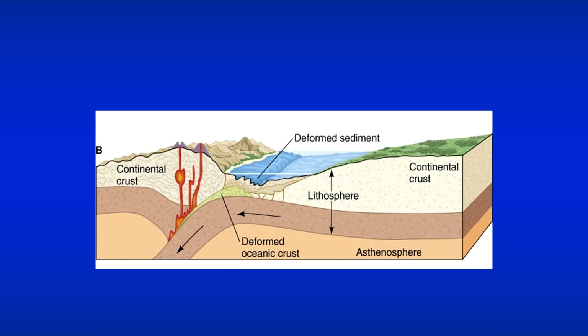And slowly, because there was a motion that we have been talking about, the Indian plate was moving towards the Eurasian plate or the Tibetan plate. So there was deformation of these marine deposits or oceanic rocks. Deformation was also seen over here, and at the same time there was closure of the ocean.